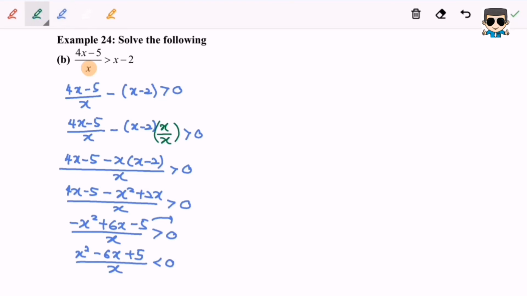Next, I'm going to factorize the situation so that it becomes a simplest form. So where we will have x minus 5 bracket x minus 1 bracket over x less than 0.